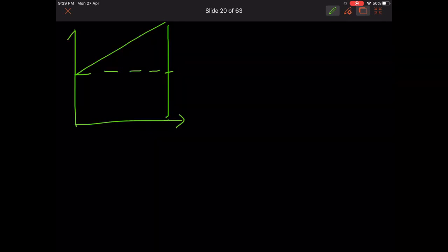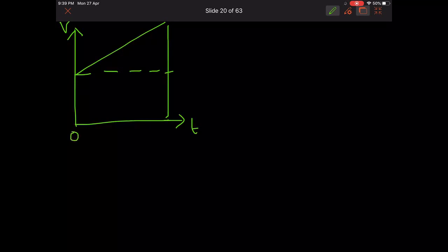So this is my time, this is my velocity, this was O, this point was again A, this is D, this is C, and this topmost point was B. Now, the second equation of motion is called the position time relationship. So once I derive the equation, you will see position and time coming in that equation, right? Now let's start to derive.